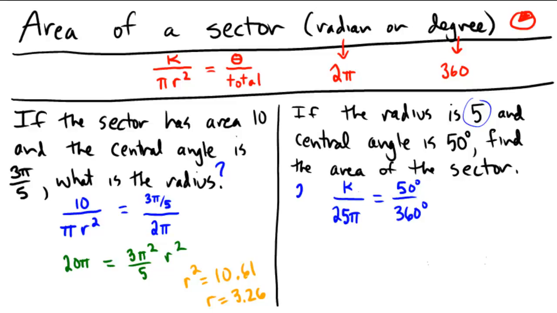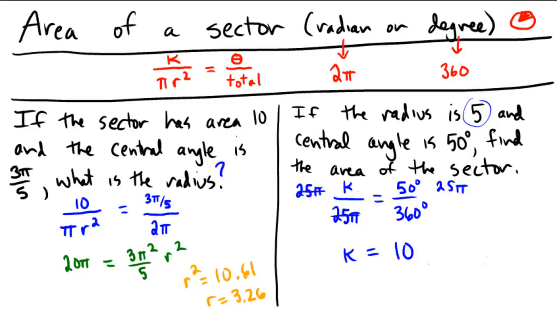So, multiplying both sides by 25 pi, I can see some cancellation here, and it's going to leave me with k equals 50 multiplied by 25 pi being divided by 360.